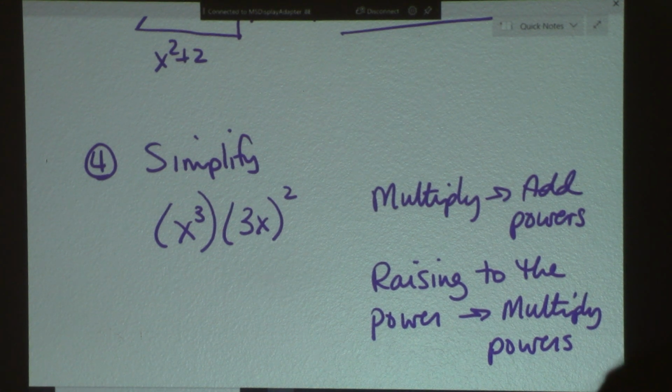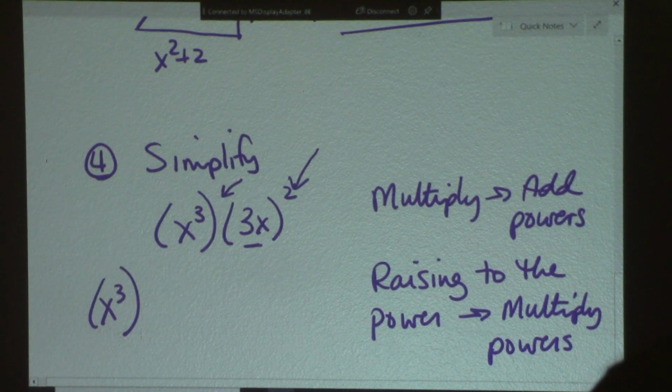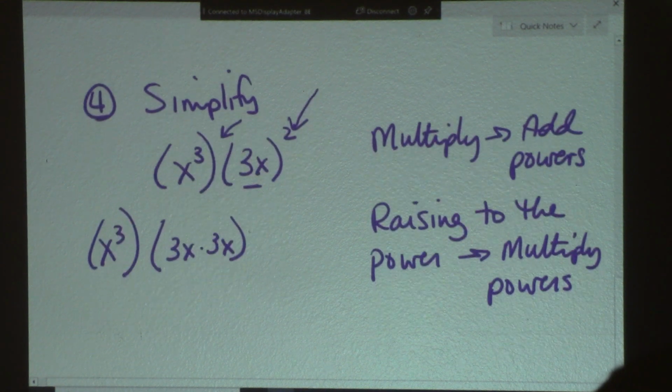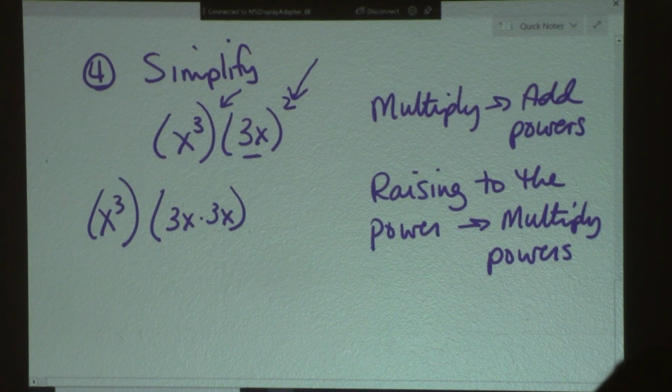So I've got two things I need to do here. I have multiplication, and then I also have this power here I have to work with. So that means x cubed, and then whatever's in the parentheses here, multiplied by itself twice. So I really have 3x times 3x, okay? So then I have x cubed times, what's 3x times 3x?